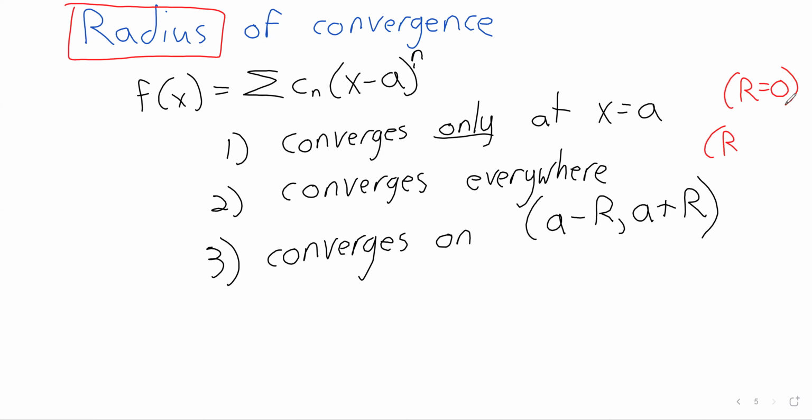If it converges everywhere, we say the radius of convergence is infinite. If it converges on a finite interval, the radius of convergence is the radius of the interval.